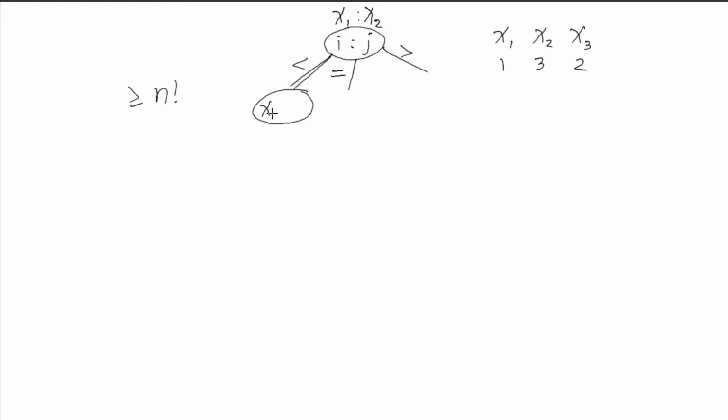And next, let's compare x2 and x3. And 3 is greater than 2. So let's go down the greater than edge, and then we are comparing x1 and x3, and 1 is less than 2.